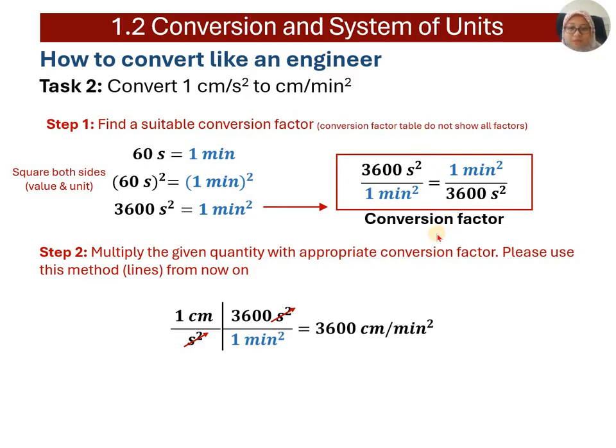So after you get the conversion factor, again you have to multiply with the given quantity. So 1 centimeter per second square, you multiply with the conversion factor, which is 3600 seconds square over 1 minute square. The second cancels out and you are left with centimeter per minute square, and the value is 3600.